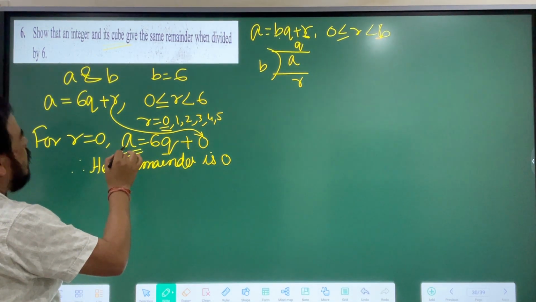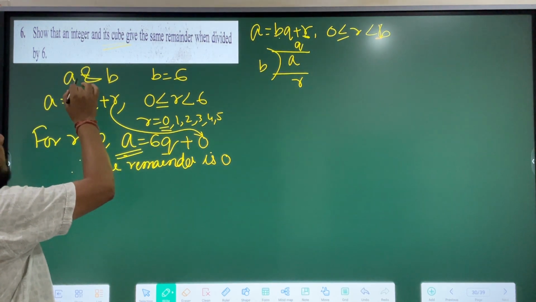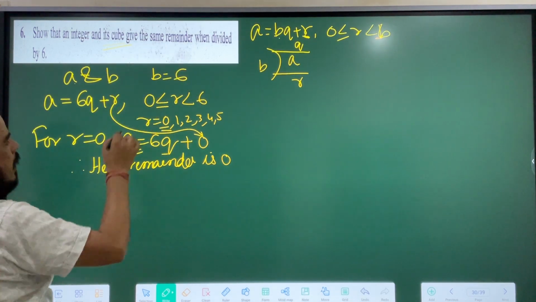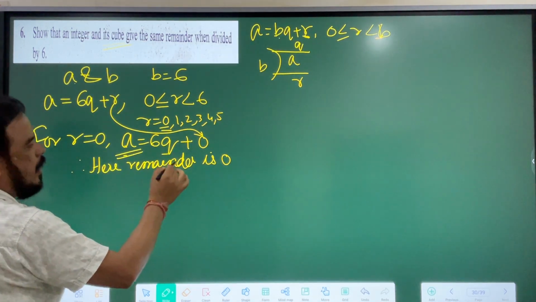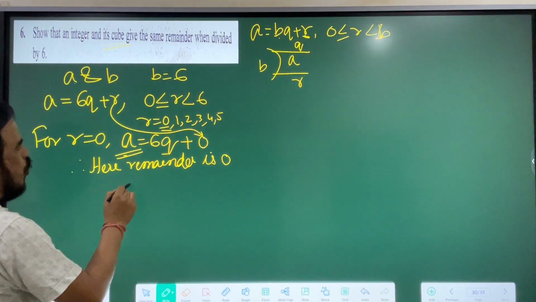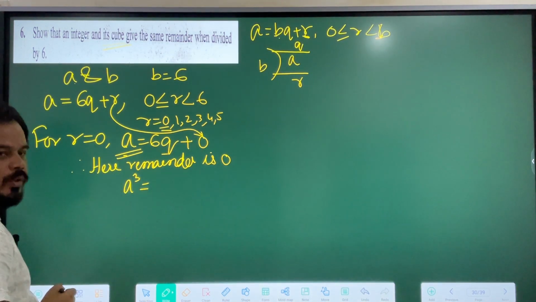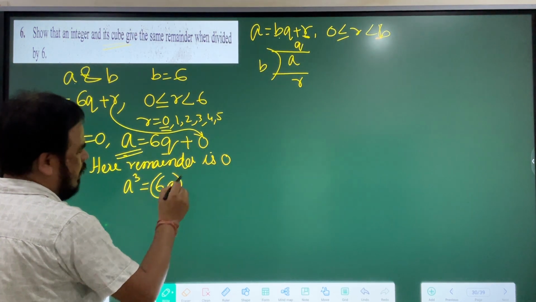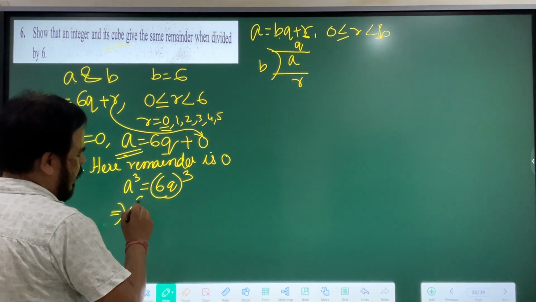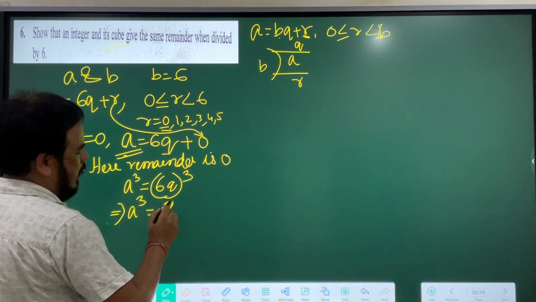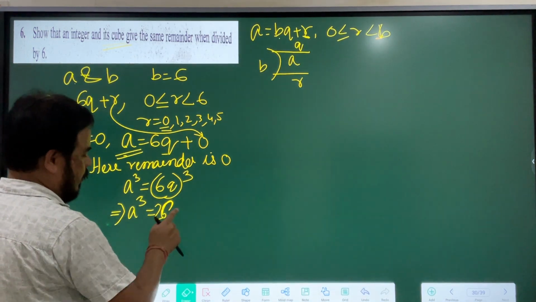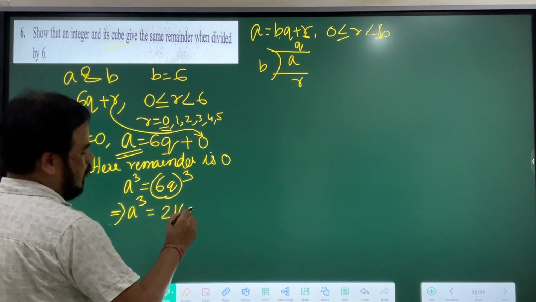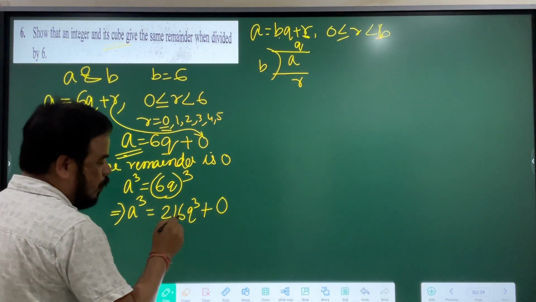So A is, we have taken now, let A be an integer, so that an integer and its cube give the same remainder. A is an integer, its remainder is 0. Now if we do cubing, we see whether it is also 0. 6Q plus 0 is 6Q only. A cube is equal to 216Q cube plus 0 we can write here.